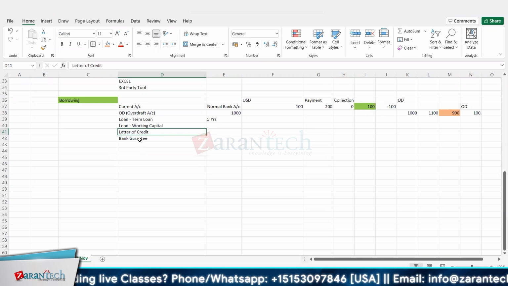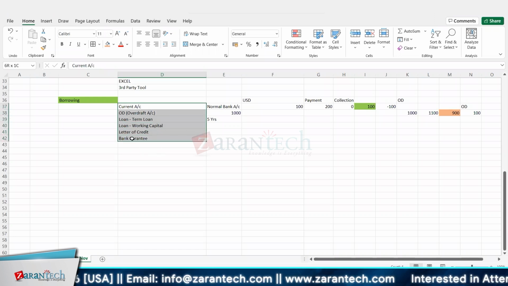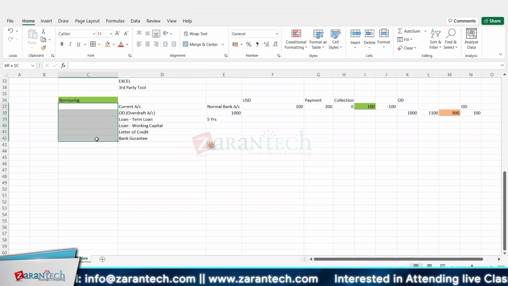Then bank guarantee. If you bid for some project, or bid on some tenders, then the party will ask you to submit a bank guarantee. So one bank will give you so many different kinds of transaction facilities. All these things are called facility.